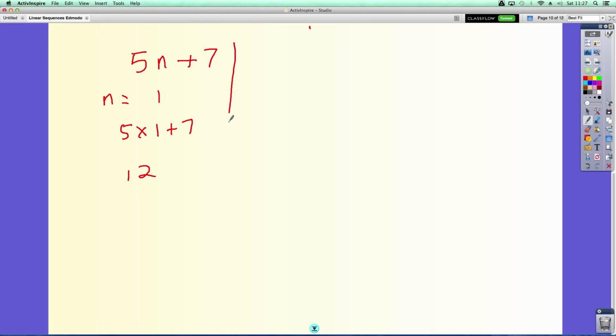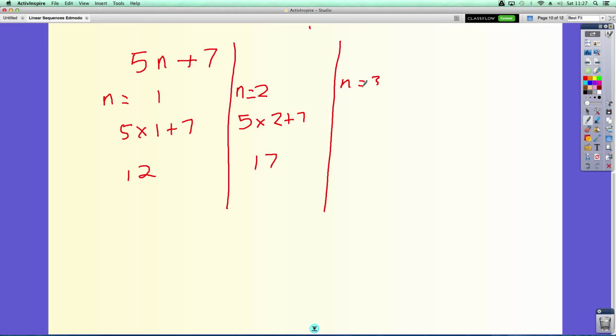When n is 2, then it's 5 times 2 plus 7. So 5 2s are 10 plus 7, 17. When n is 3, 5 times 3 plus 7. 5 3s are 15 plus 7 is 22.